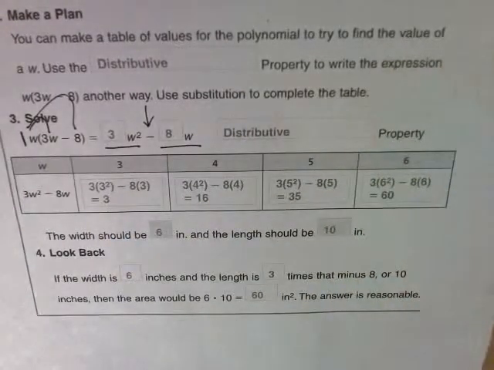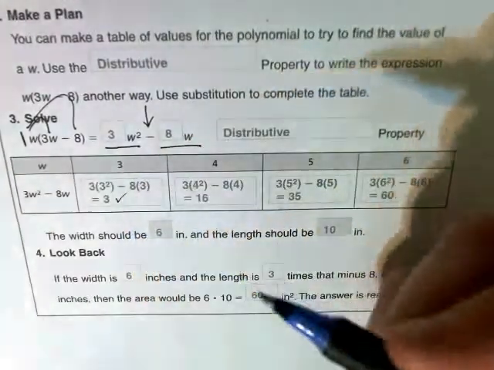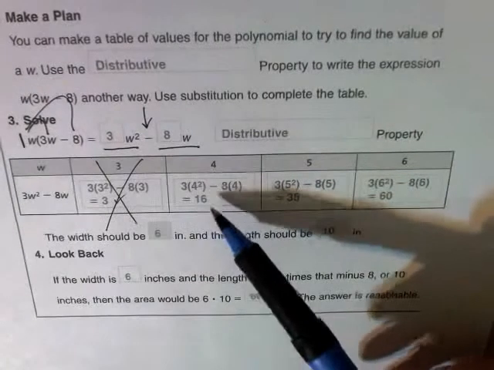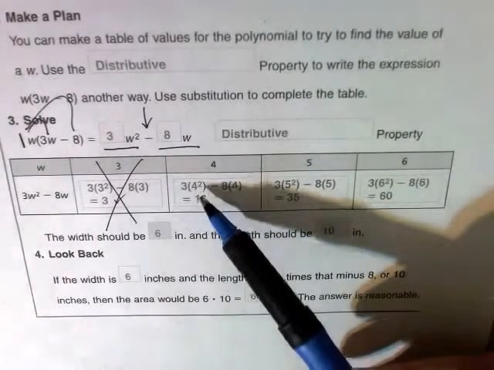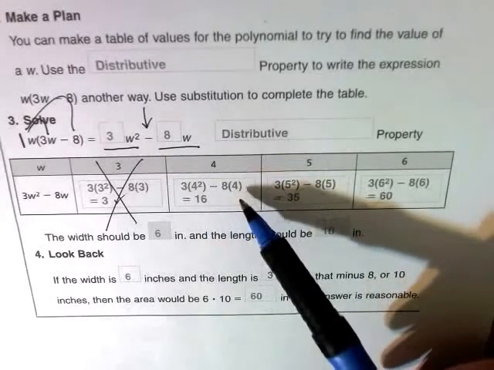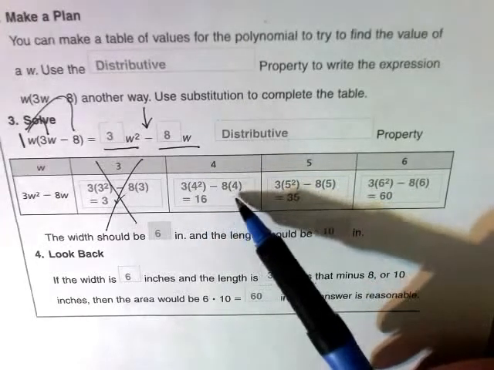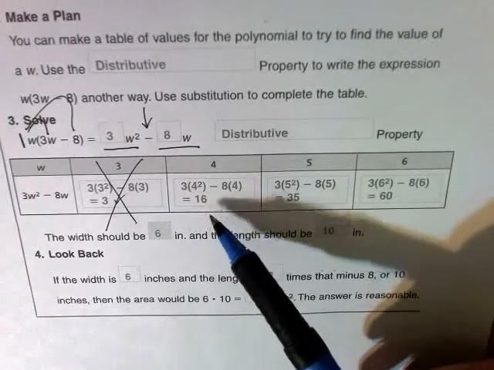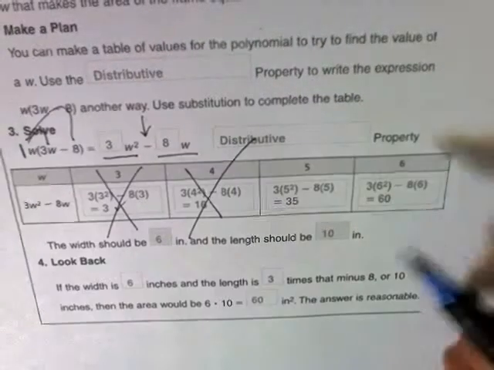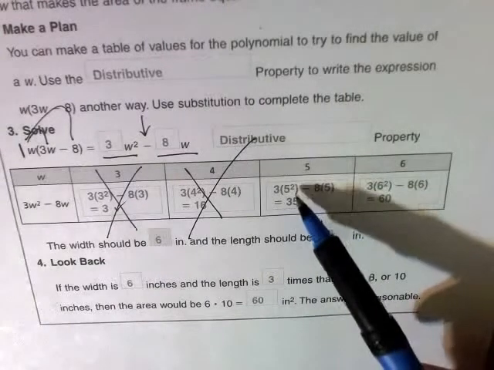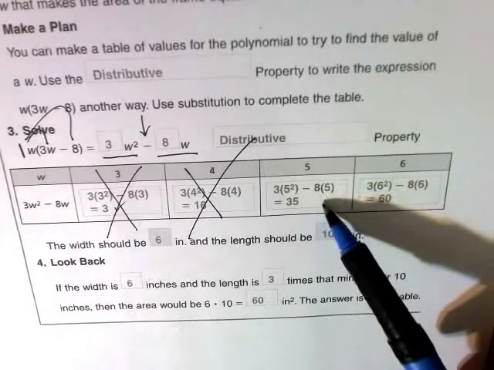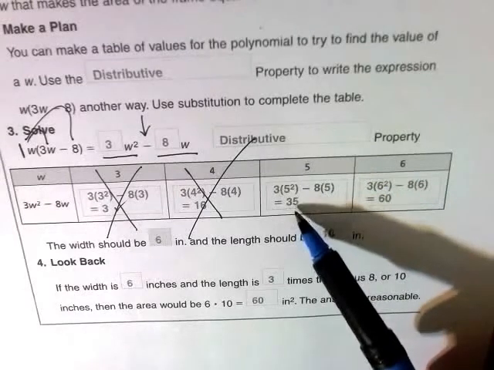Well, remember, my answer is supposed to be 60 here, so I know that this one just didn't work. So I try it with 4. 4 squared is 16, times 3 is 48, and then if I subtract 32 here, 8 times 4 is 32, I get 16, not 60. So 4 is not the answer. 5 squared is 25, times 3 is 75, and if I subtract 40, which is 8 times 5, I get 35.